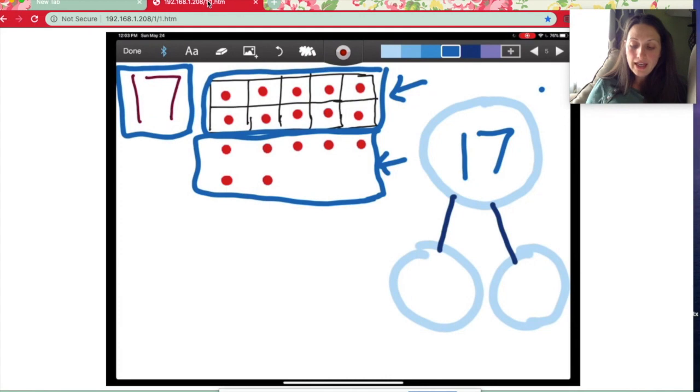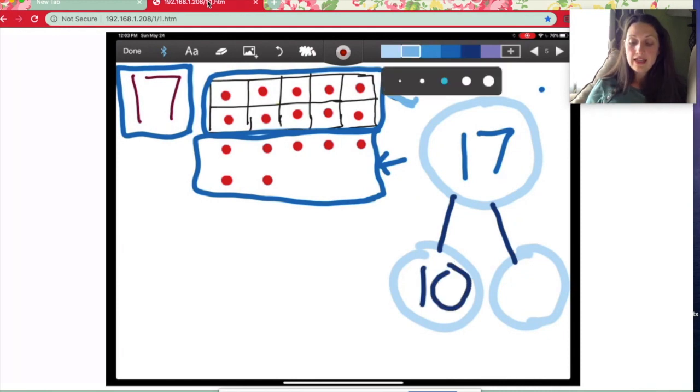So how many counters are in this first part right here? The first tens frame. Well, if it's full, we know that it has 10. We don't even have to count. We know it has 10. Is this tens frame full?